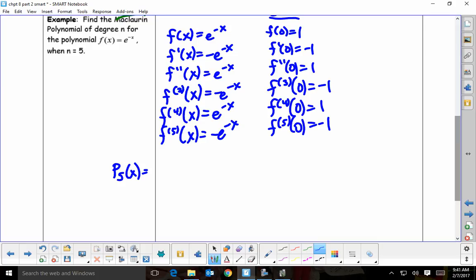First I do f of c, which is 1. Plus f prime of c, which is -1, times x minus c, which is 0.